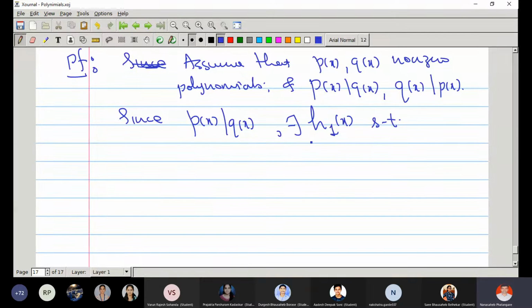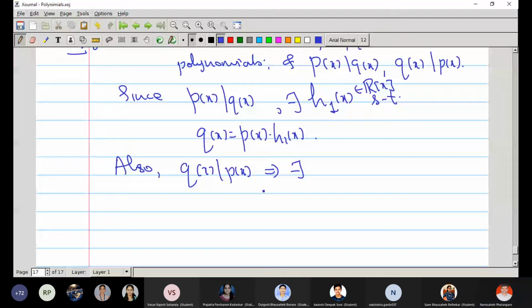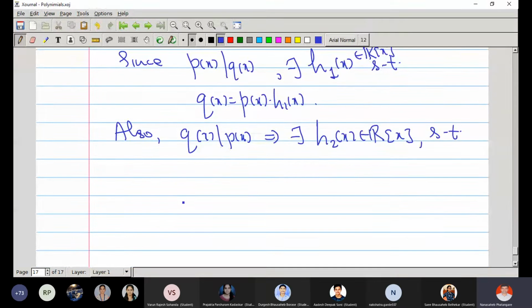Also, our assumption is that q(x) divides p(x). Therefore, there exists another factor, basically in the same set of polynomials R[x], another polynomial h2(x) such that, by divisibility, p(x) has factor q(x) and there could be another factor h2(x).